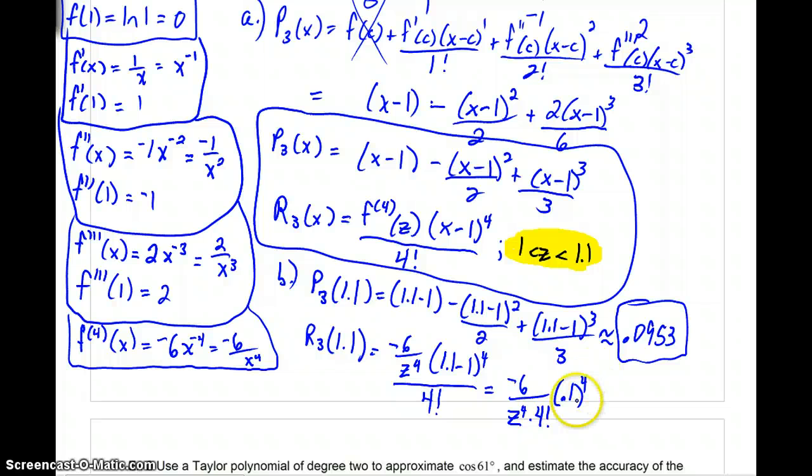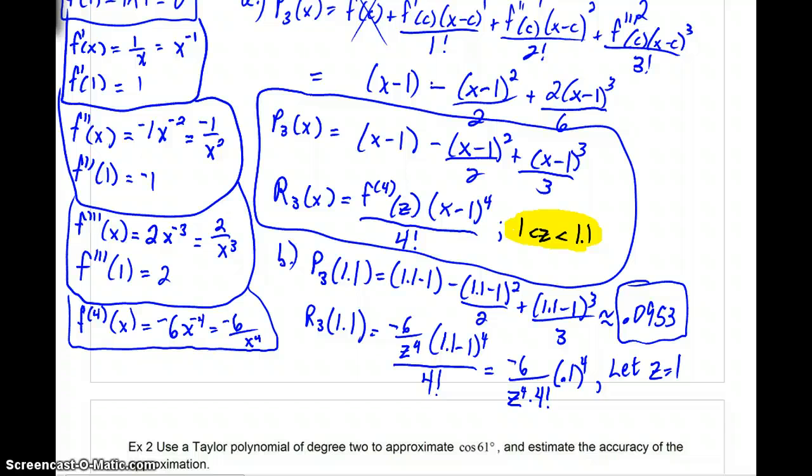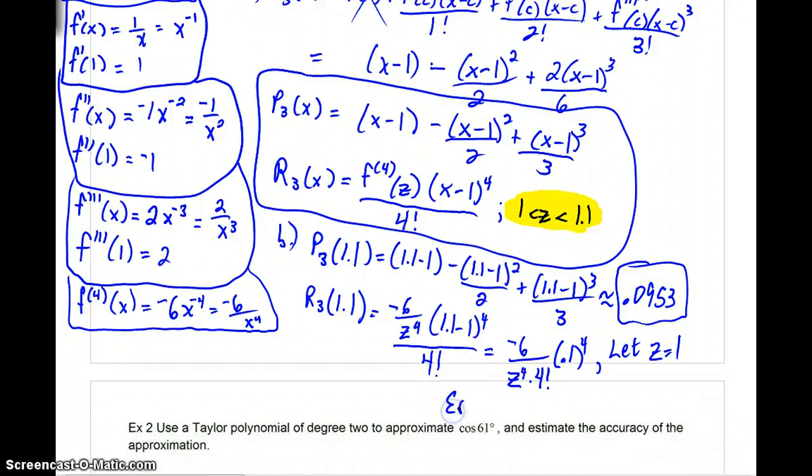So what you do, of course, is we're going to let z equal 1. And if we do that, we're going to be able to say that our error is going to be less than negative 6 all over 1.